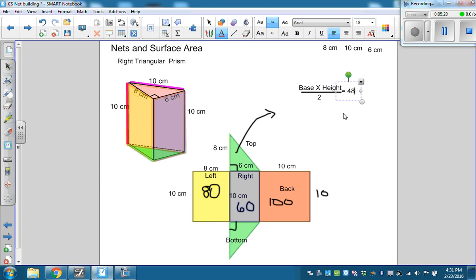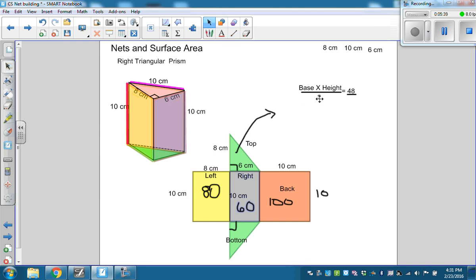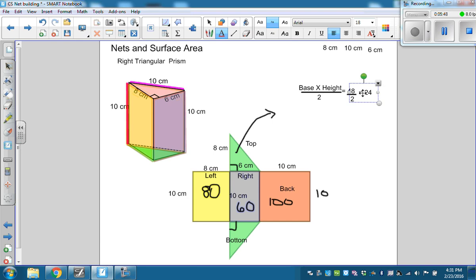And then I'm going to take that 48 and divide it by 2, since fraction bars mean divide. And 48 divided by 2 gives me 24. So each one of those triangles here, the green triangles, they're 24 square units. This one's 24, and this one's 24.